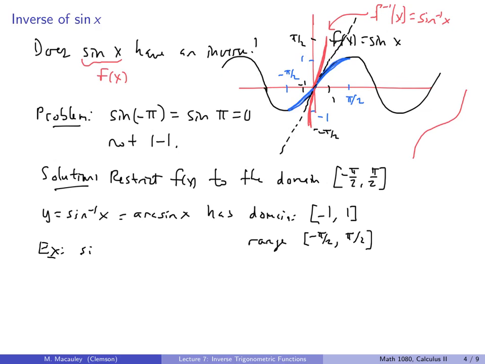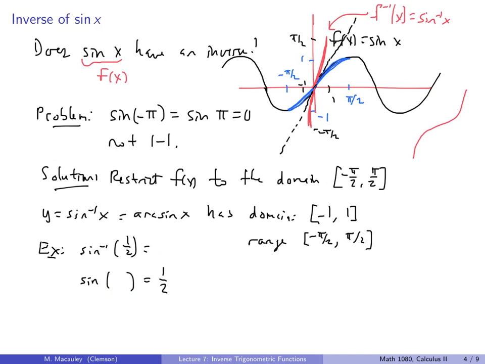Inverse sine of 1/2. So let's figure out what this is. Here's how we should figure this out. Regular sine of what equals 1/2? Now, sine on this interval is 1-to-1, so there's only going to be one answer, one thing where sine of that is equal to 1/2.